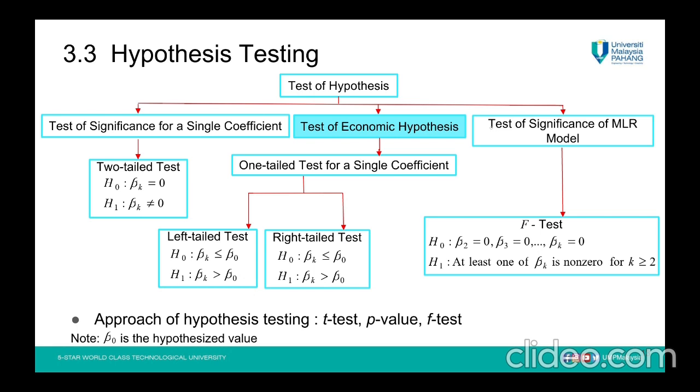For the test of significance of the multiple linear regression model, the test used is the F-test, or we also can use the p-value approach, with the hypotheses H0 and H1 as stated here.